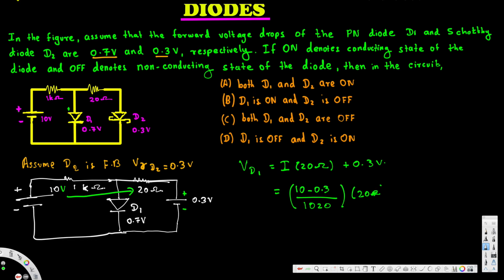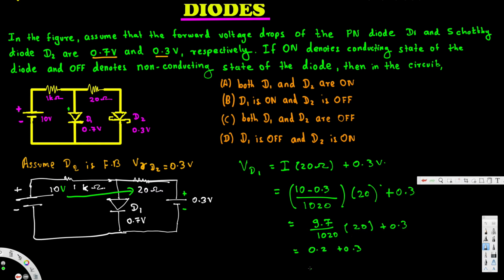Let's get rid of this ohm. 20 and then plus 0.3, and that's going to give us the voltage here. Now if you calculate this one, this is going to be about 9.7 divided by 1020 times 20, plus 0.3 volts, and that's going to be 0.2 plus 0.3.